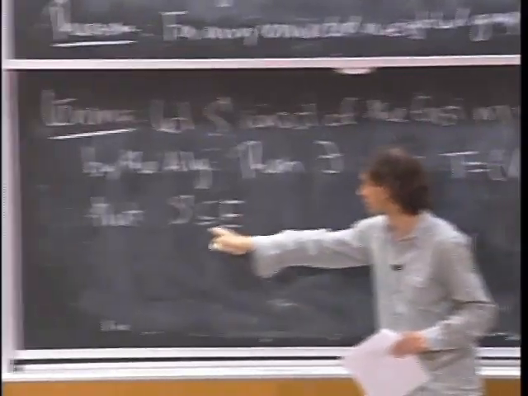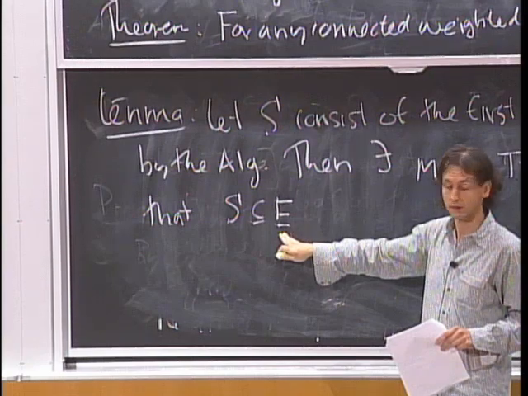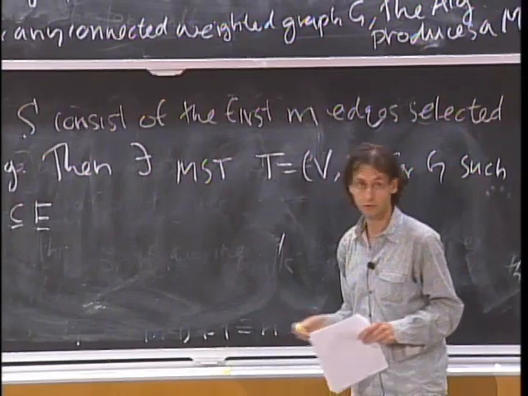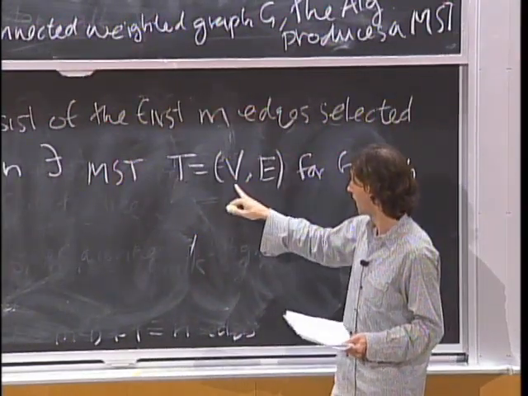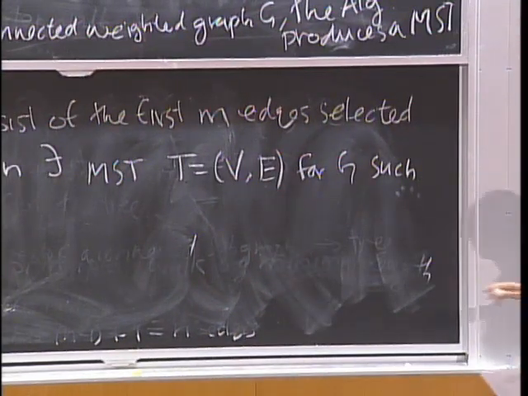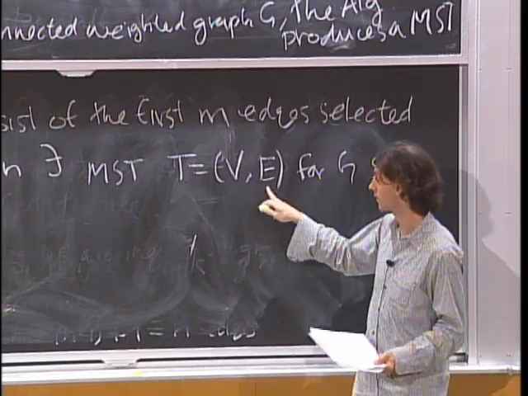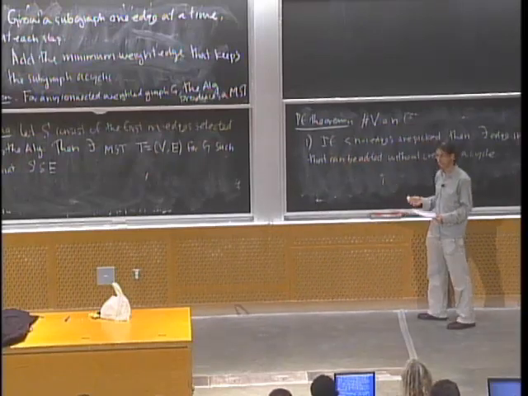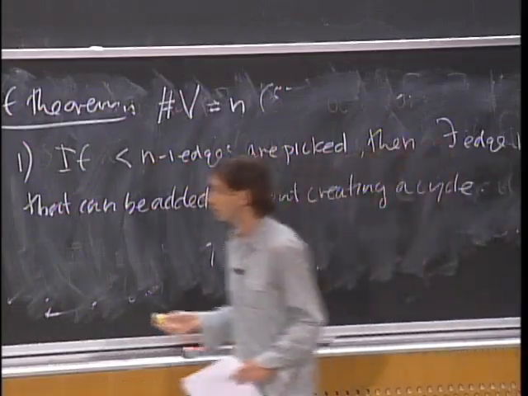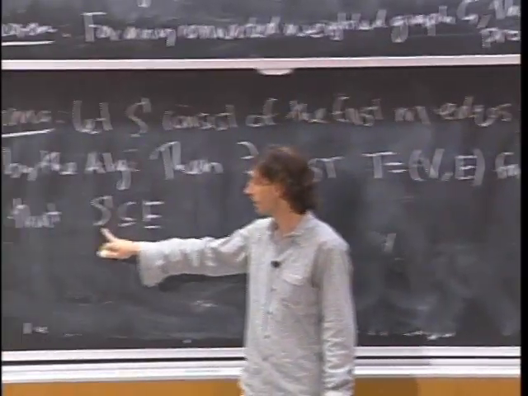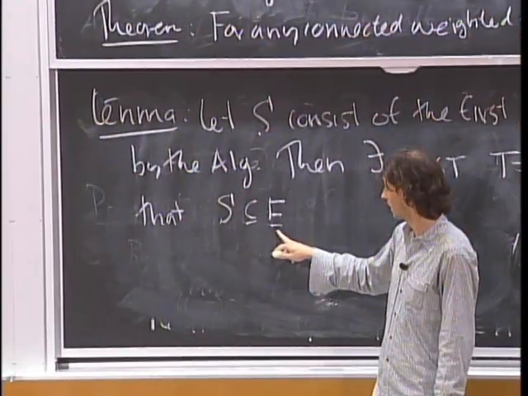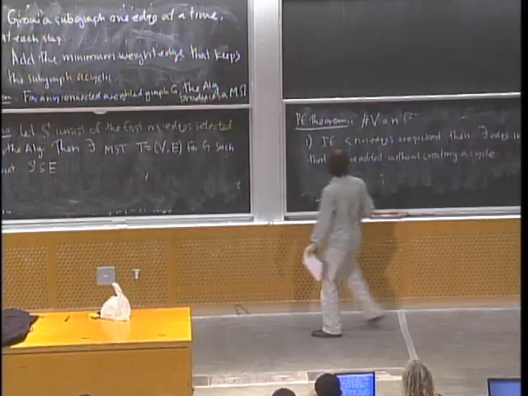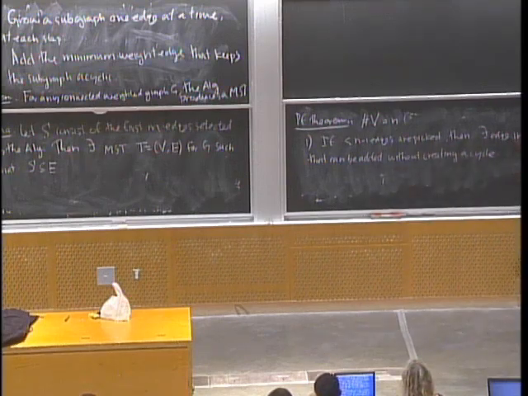I know that S is a subset of all the edges. I know that the minimum spanning tree is a tree. It's a tree on n vertices. We know that a tree on n vertices has n minus 1 edges. I know that less than n minus 1 edges have been chosen so far. So that means that S has less than n minus 1 edges. E has exactly n minus 1 edges. So there's at least one edge that is an element in E, but not in S.